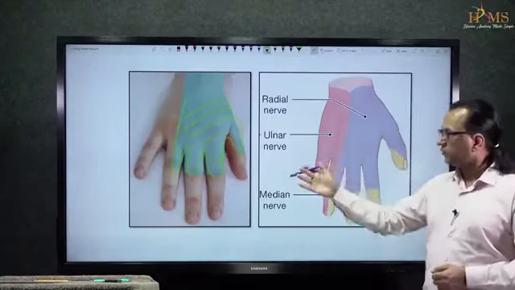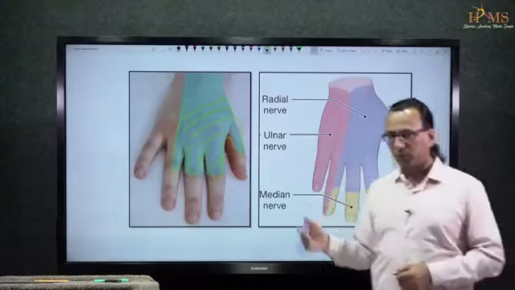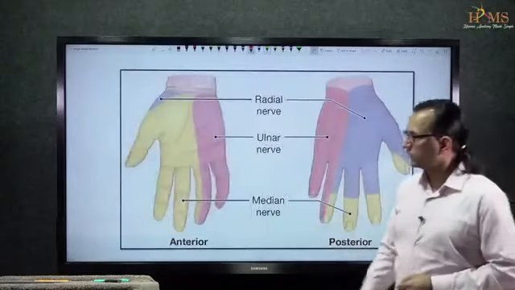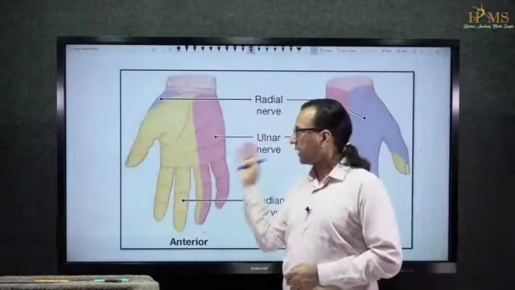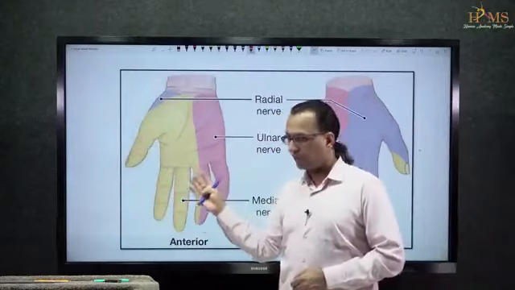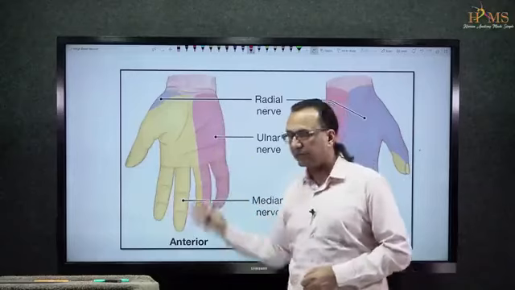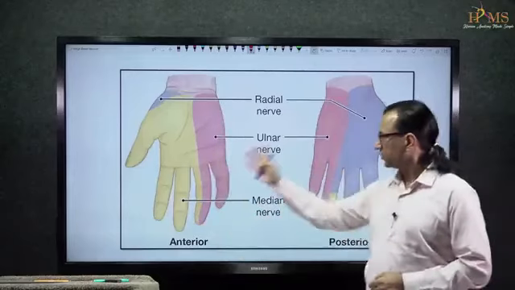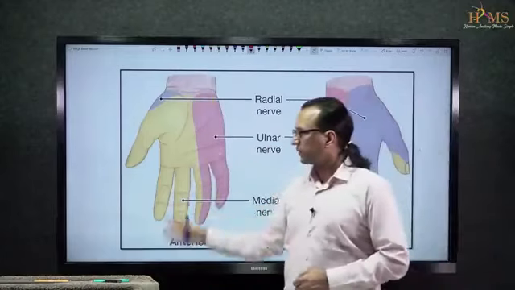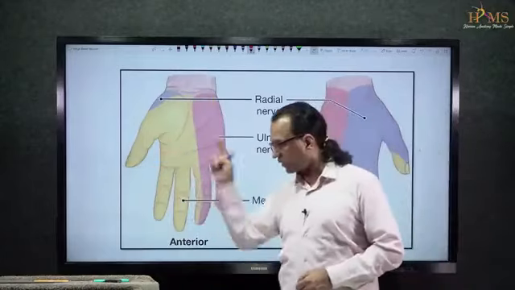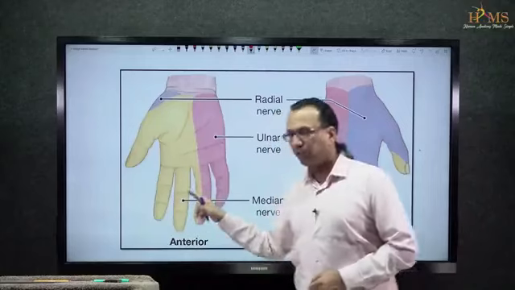Let us look at the ventral aspect as well. So here, as we can make out, 3.5 fingers anteriorly will be the median nerve and 1.5 finger anteriorly will be the ulnar nerve. The ulnar nerve not only supplies 1.5 finger anteriorly but also posteriorly. So that will be the ulnar nerve in both places. But when you say the median nerve supplies 3.5 fingers anteriorly, they also encroach upon the nail bed posteriorly.